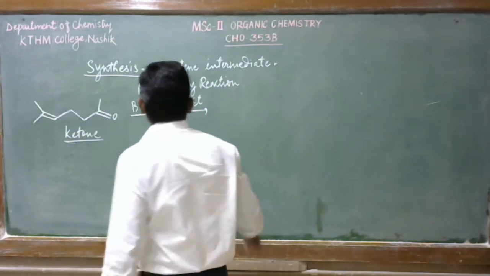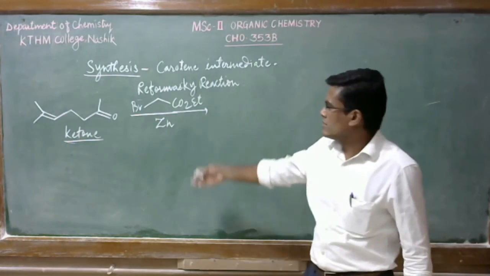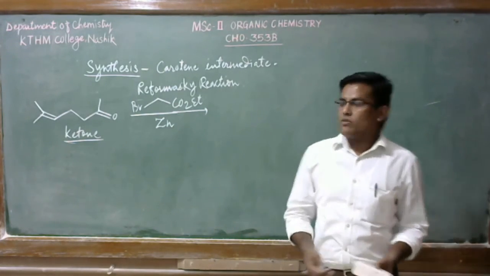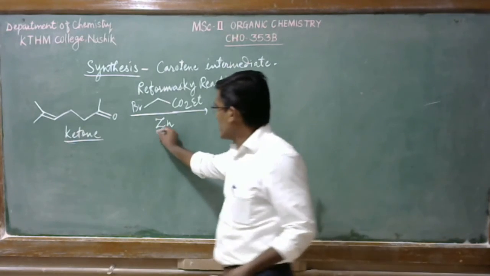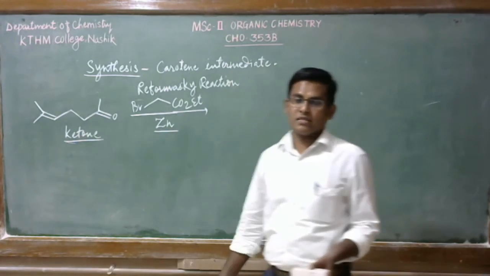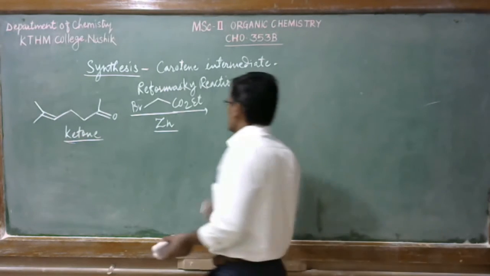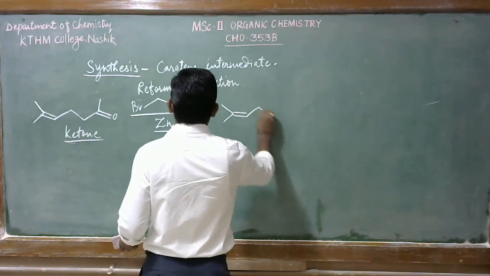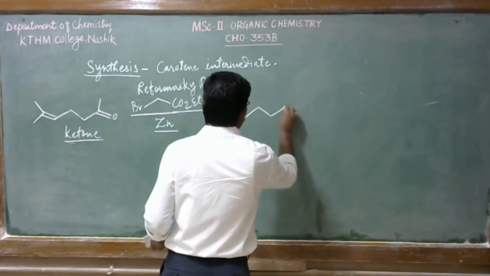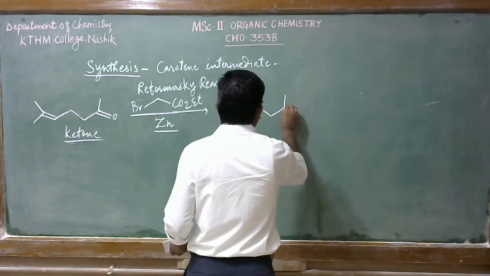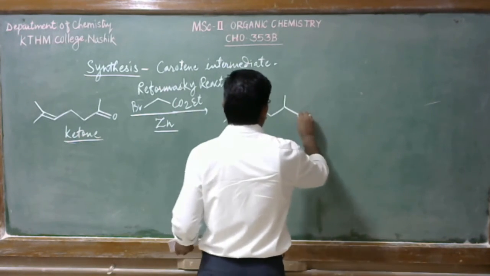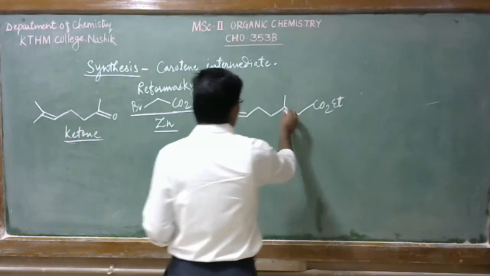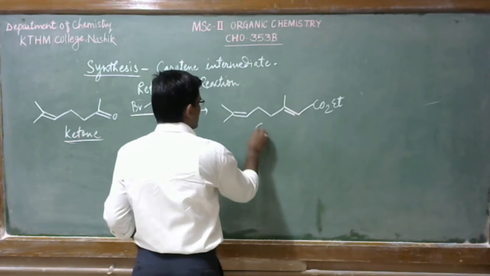Alright. So when you react this ketone with this alpha halo ester in the presence of zinc, this is the Reformatsky reaction. So it gives the ester.